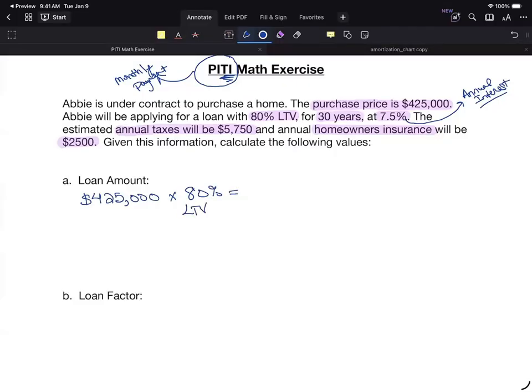You're absolutely right. And that gives us an answer of $340,000. $340,000 is the loan amount.